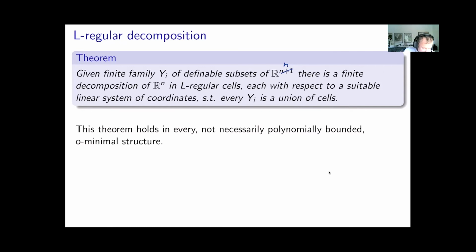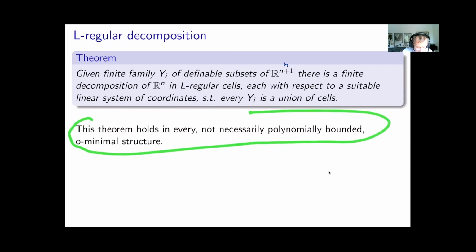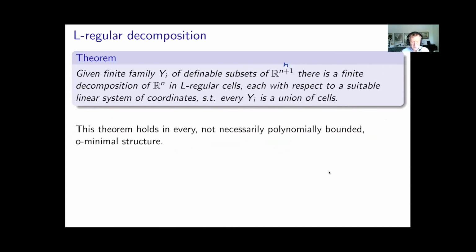And this theorem actually holds in arbitrary o-minimal structures, so for example flat functions are allowed. In ordinary polynomially bounded structures, you do not have generic Lipschitz triviality, which means that you may have families of sets where the Lipschitz structure changes continuously, simply because of the exponent.